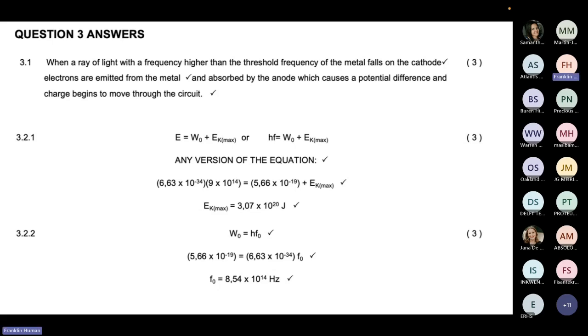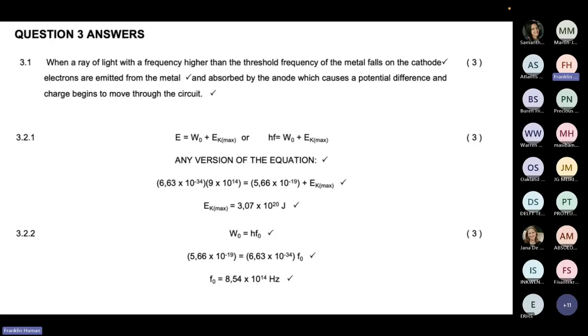Note, this is not the same as E is equal to hf. The energy of the photon is equal to hf. Work function is equal to hf subscript 0.